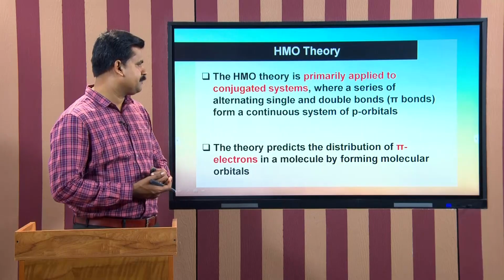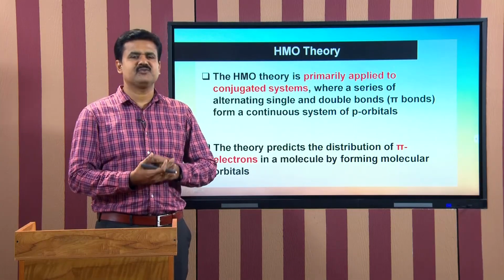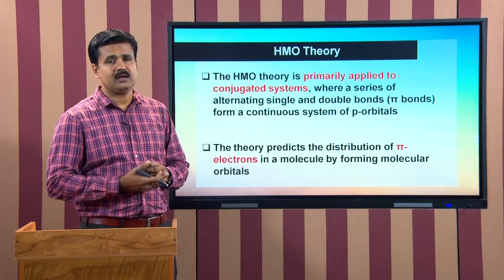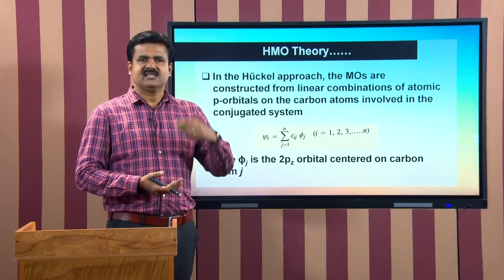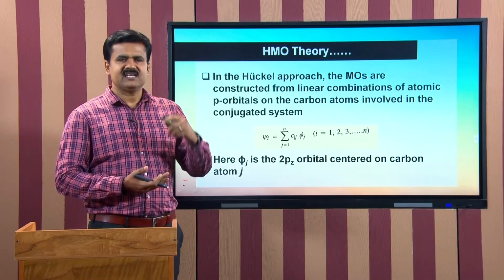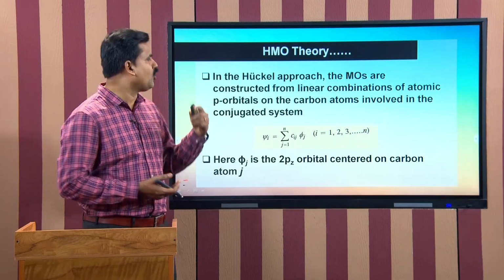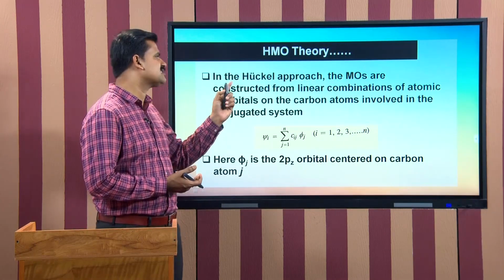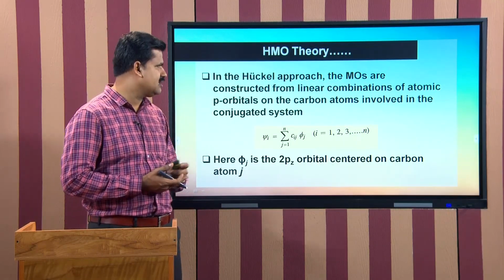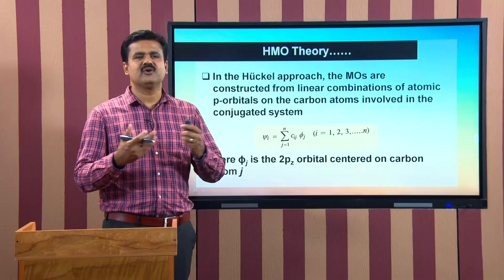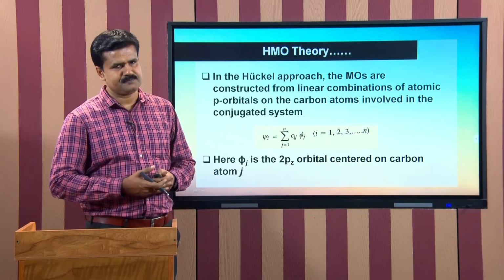The theory predicts the distribution of pi electrons in a molecule by forming molecular orbitals. In the Huckel approach, the molecular orbitals are constructed from a linear combination of p orbitals on carbon atoms involved in the conjugated system.